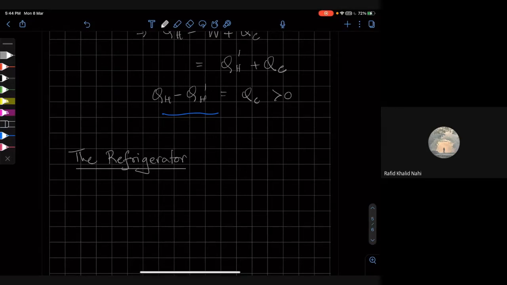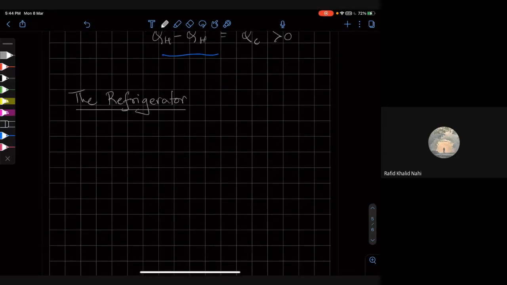So a refrigerator is essentially a heat engine running in reverse. It doesn't have to be a Carnot engine. Of course Carnot engines are idealized engines, whereas real life refrigerators are not Carnot engines. All it has to be is a heat engine that is running in reverse.